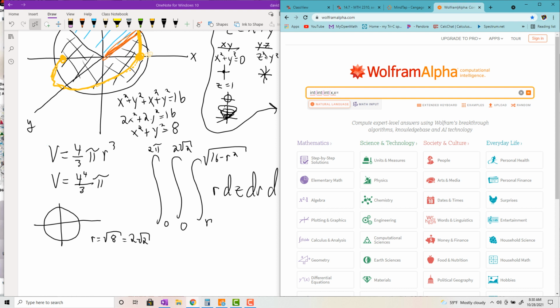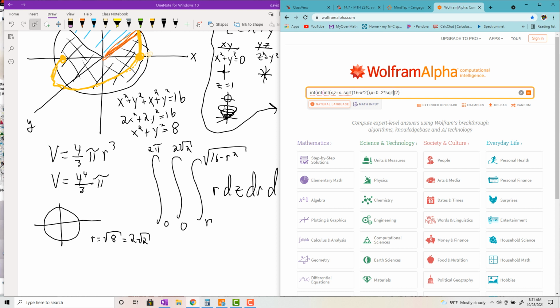So z equals x square root of 16 minus x squared, parentheses, comma. The next one is x equals 0 to 2 square root of 2. Let's put a multiplication symbol in there because the computer is an idiot.